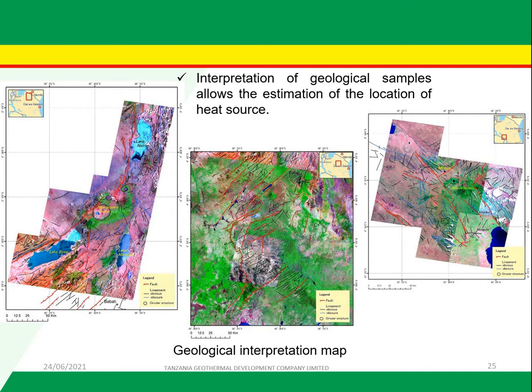For example, here are satellite images which are used to interpret geological samples, and this can allow the estimation of the location of the heat source.